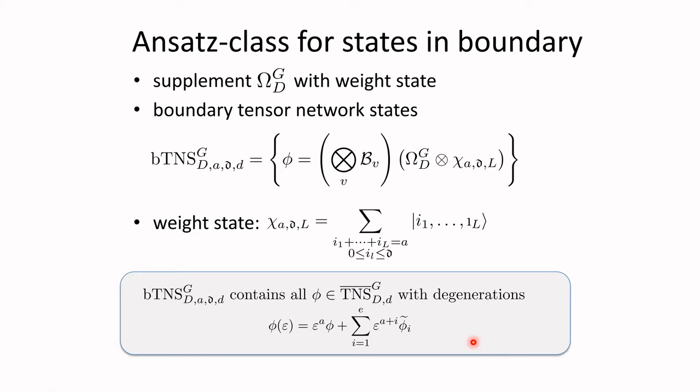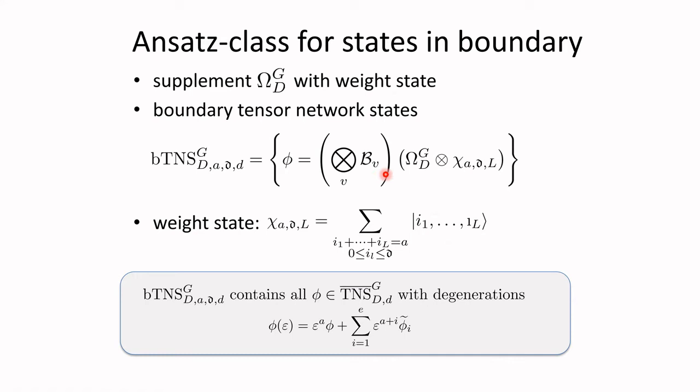You should note that this set does not only contain the states in the boundary, because we do not insist that these local maps arise from a degeneration as in the original formulation, but we allow for arbitrary linear maps here, while still containing the boundary states.